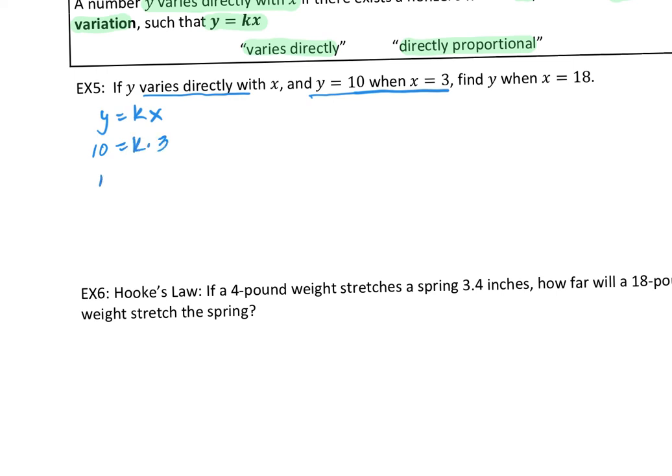So dividing both sides by 3, I have this constant of variation, 10 over 3. Now the constant of variation never changes. So your x and your y values can vary, but the k cannot. It's constant. So now my equation is y equal to 10 over 3 times x.